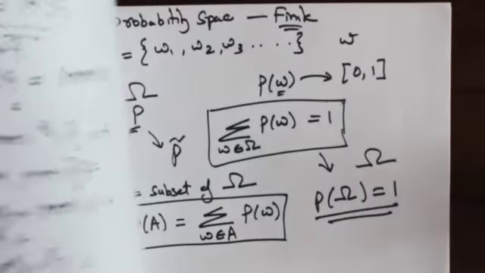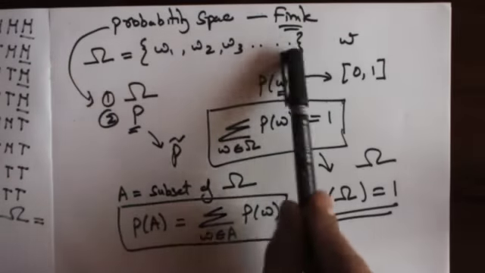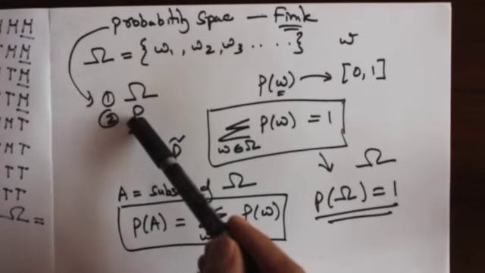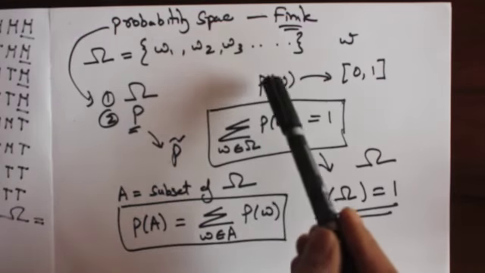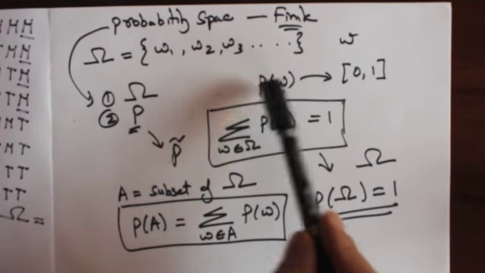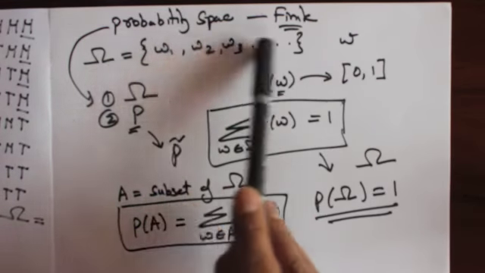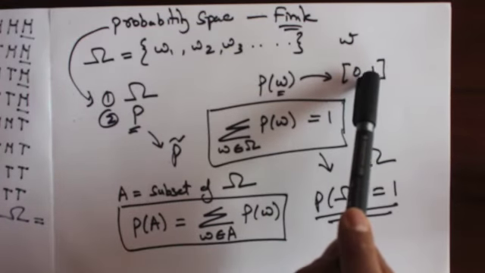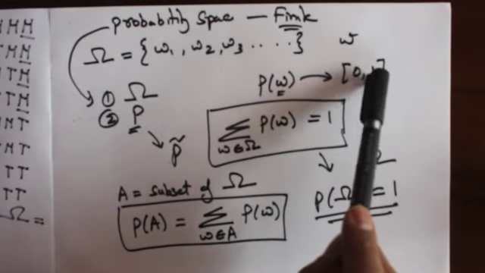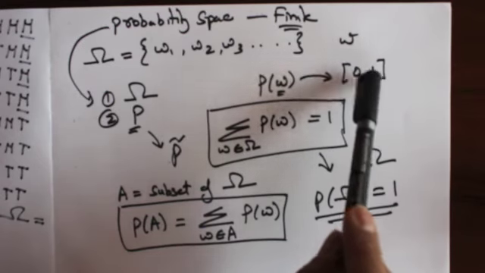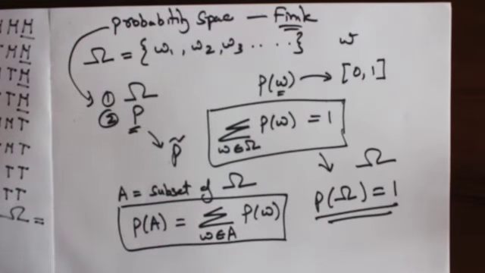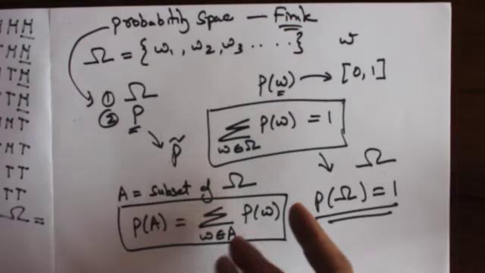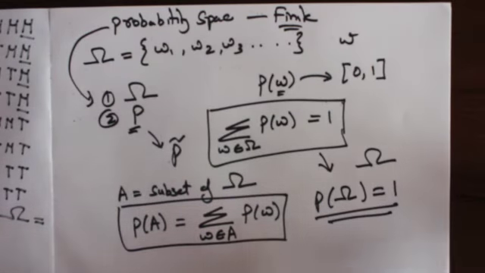We wanted to talk about probabilities, so we said we have a finite probability space and defined a probability measure on that space. A probability measure is just a function that maps any one of these outcomes into a number between 0 and 1, which is called the probability of that outcome. But while doing all of this, we never talked about what the random variable was.